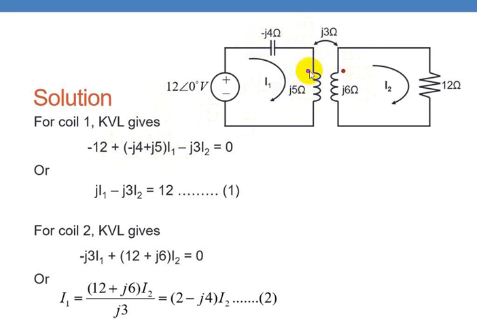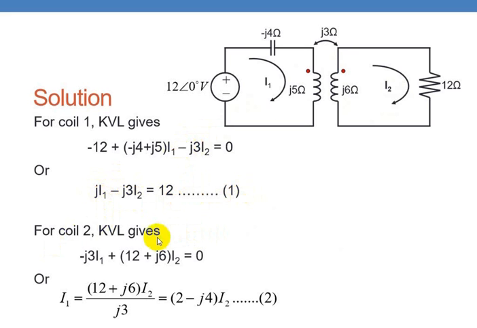For this coil, the mutual inductance is J3, which is causing this voltage drop, times the current in the neighboring coil. That is the current flowing in this coil, I2. So J3 into I2. Then we find out the polarity. Here I1 is entering the dotted terminal. Here I2 is leaving the dotted terminal. So in one terminal it's entering, another terminal it's leaving. Right here minus. So separate I1, I2 terms, you will get this equation.